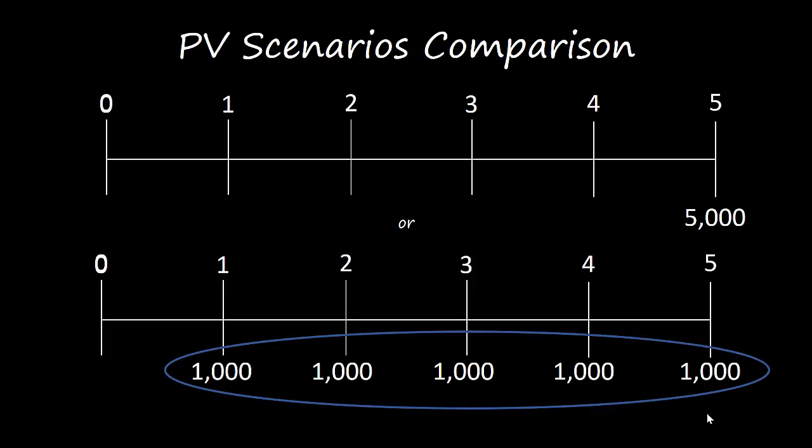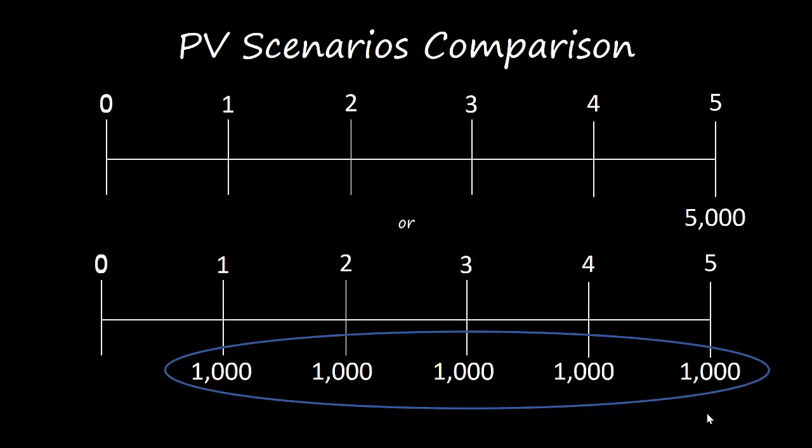So we would prefer the $1,000 each year for 5 years rather than waiting for the end of 5 years to get all $5,000. Without doing any calculations, we can see that we would rather take the second option because at least I get some of the cash flows sooner rather than waiting until the end of 5 years.